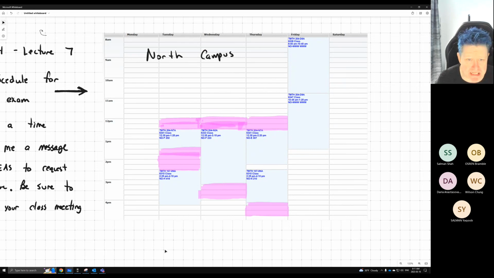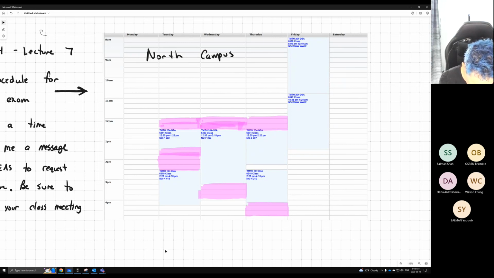So the highlighted pink blocks are roughly when I will be available to give you your exam, which you can take with you and you can ask questions about, anything within the time block that allows for. So let me be a little bit specific about the times here.